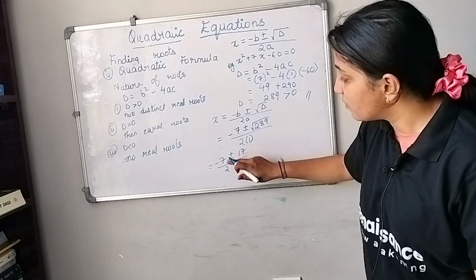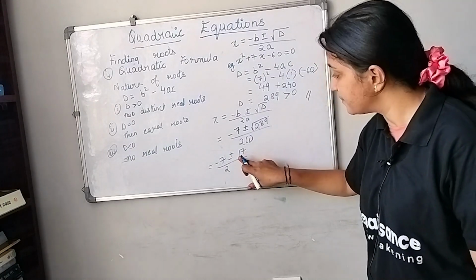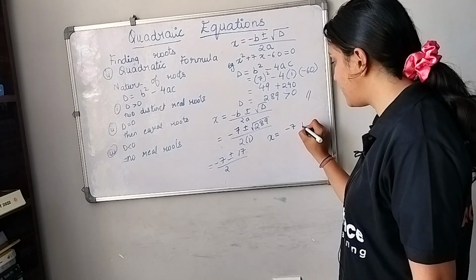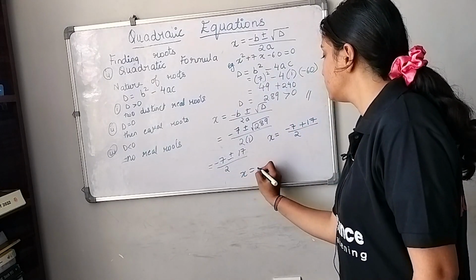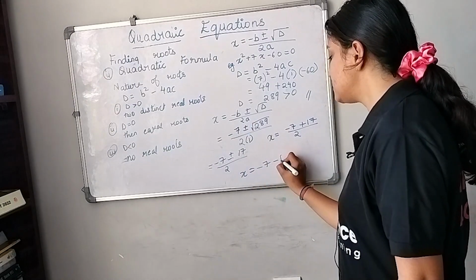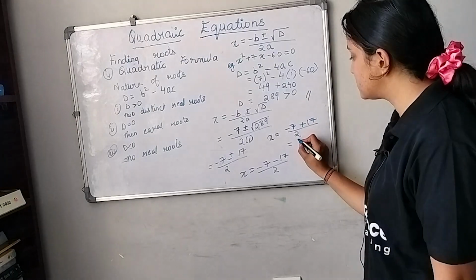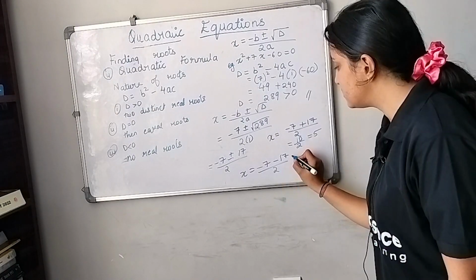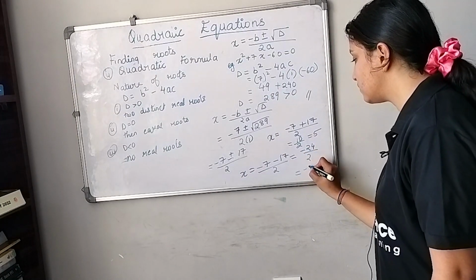Now we should take one root with the plus sign and the other root with the minus sign. So x will be equal to minus 7 plus 17 upon 2, and x equal to minus 7 minus 17 upon 2. So this will be minus 7 plus 17, 10 upon 2 equal to 5, and this will be minus 24 upon 2, that will be minus 12.